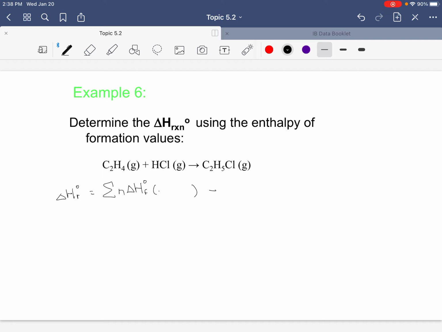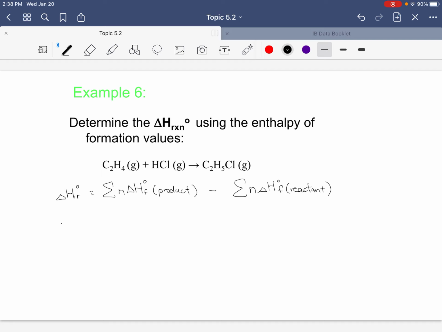Products. You'll see another equation that will be reactants. The sum of the molar change in enthalpy of reactants. So that's the equation. Now let's find out what these numbers are and let's plug some things in.